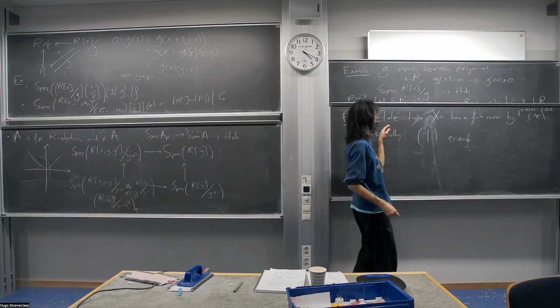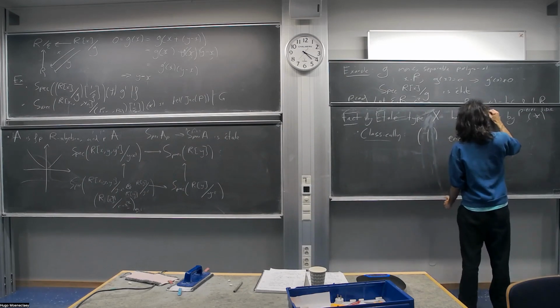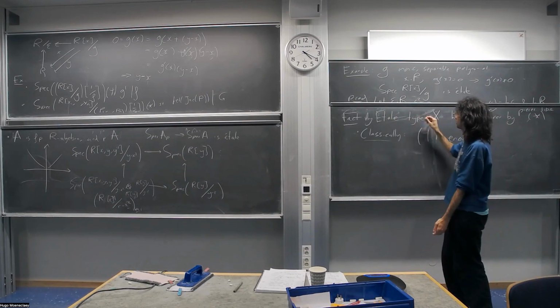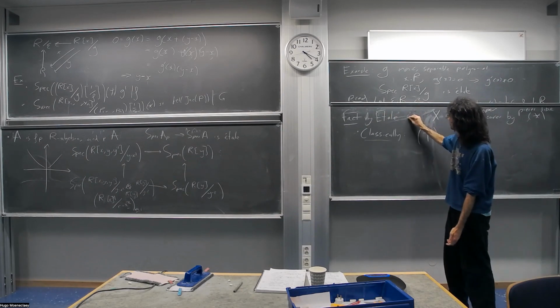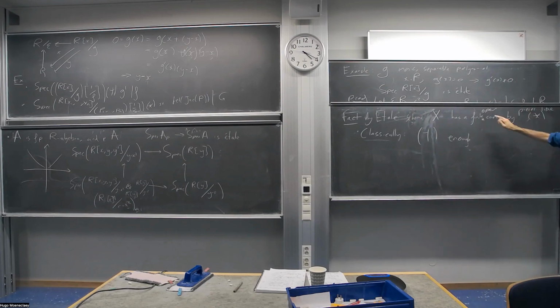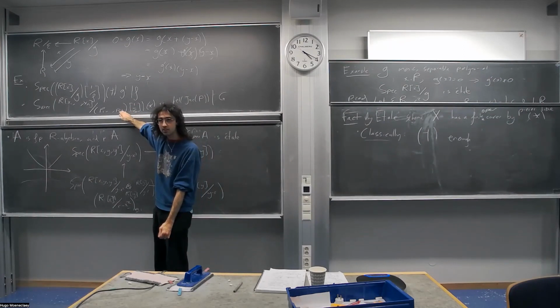The word is finite cover, finite open cover. So any Étale scheme has an affine open cover, a finite affine open cover, by pieces like this. Does that make sense? Yep.